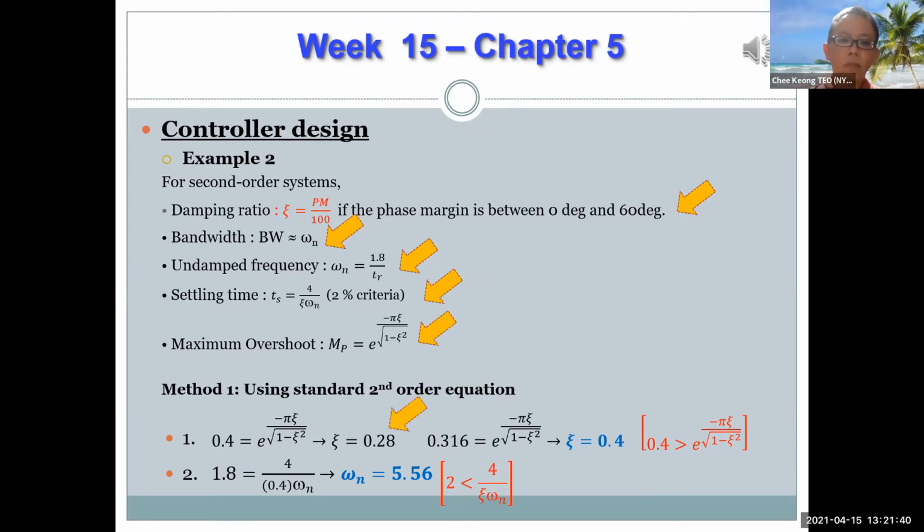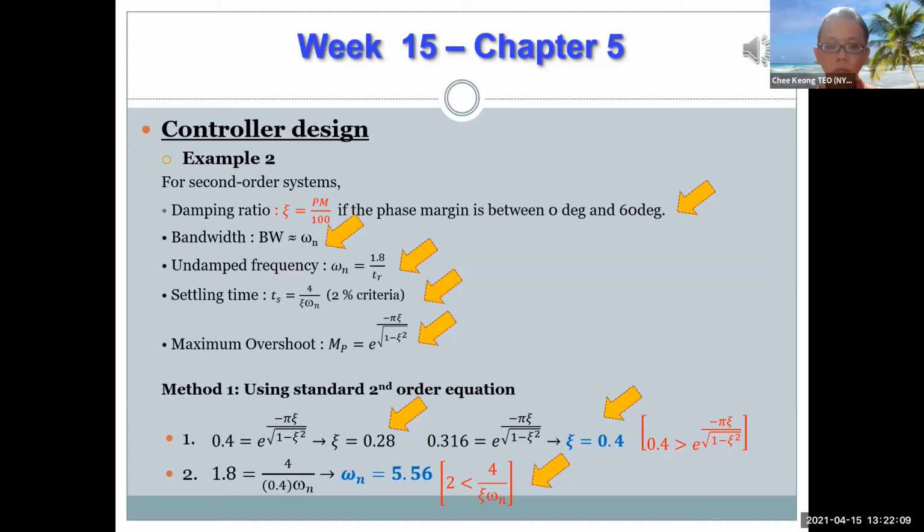If we use the maximum overshoot formula and equate it to 0.4, solving yields zeta equals 0.28. But this solution is exactly at the borderline when maximum peak is 40%. If we move zeta to say 0.4, maximum peak would reduce to 31.6%. Well within the margin. Hence we go with zeta equals 0.4.